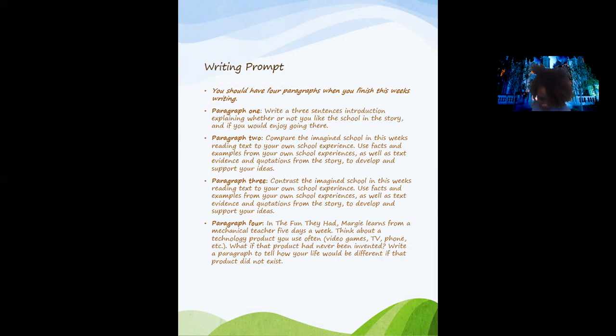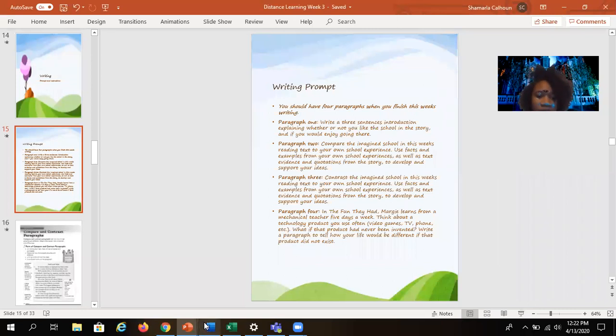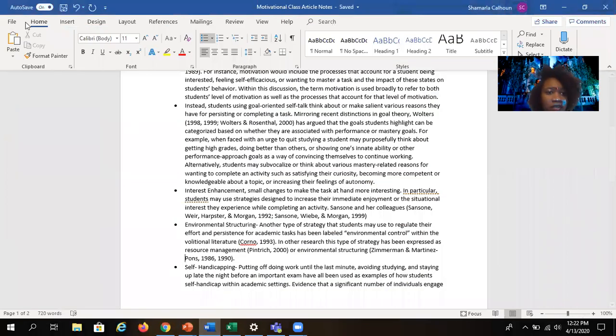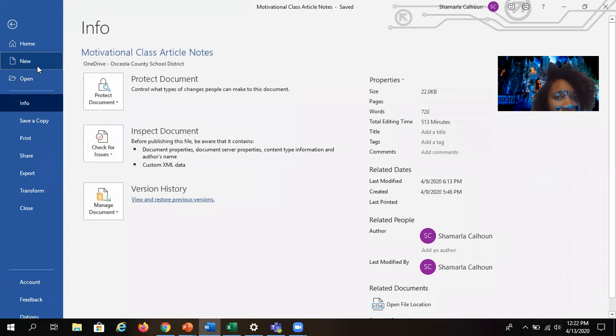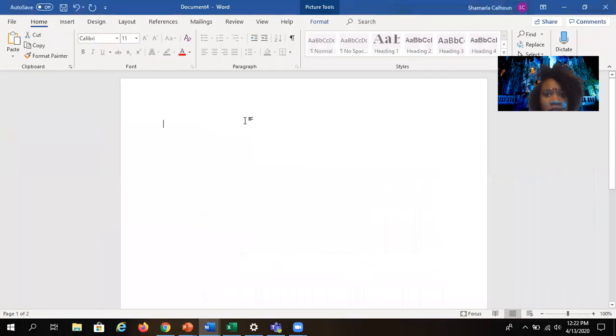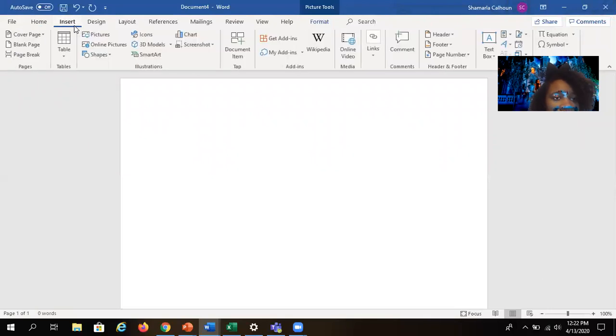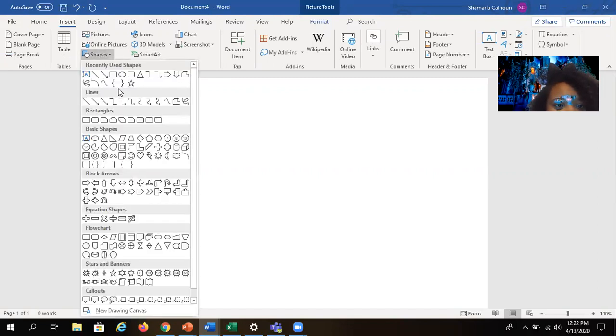Contrast, I'll quickly draw it for you. You can see that. Okay, so when you compare and contrast, you have a bubble chart.